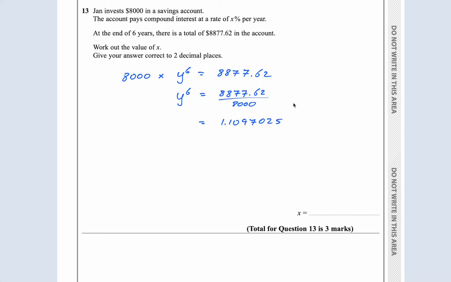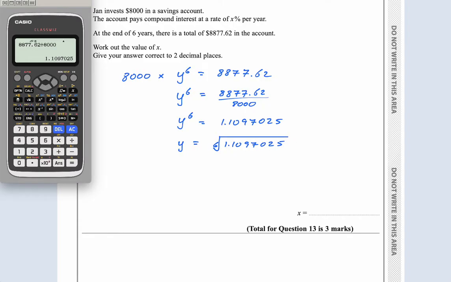Now just be careful. Well, hang on. This is y to the power of 6 to begin with. This is y to the power of 6. To get y, I have to do the 6th root of this. So that would be the 6th root of 1.1097025.